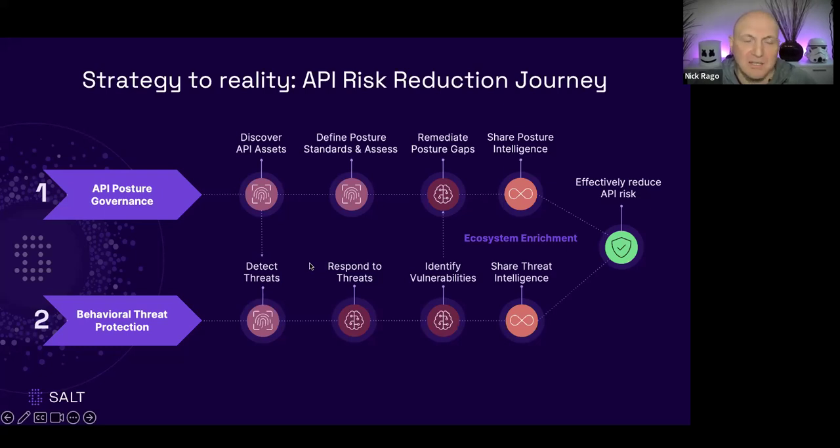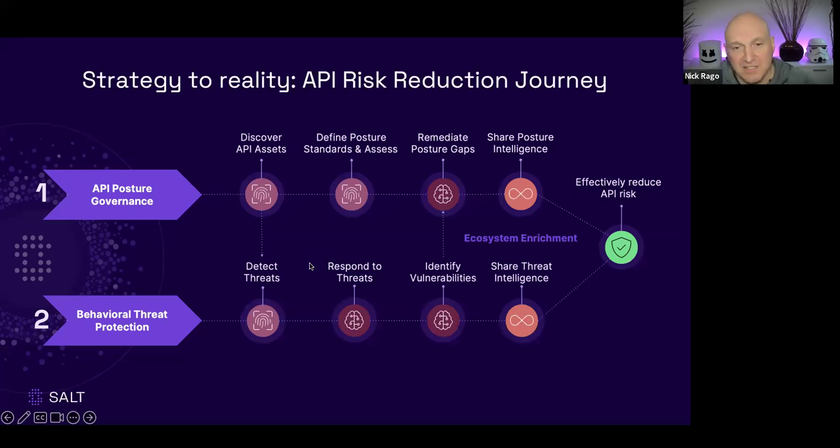That posture intelligence could be, what are my APIs that are out there? Give me enriched OAS specifications so I can test them more effectively, so I'm not just testing them on the surface like a web application. So that's the integration that we've done from an ecosystem enrichment standpoint, to make sure that all the lifecycle tools, API lifecycle tools, from design to deployment, can leverage this data.